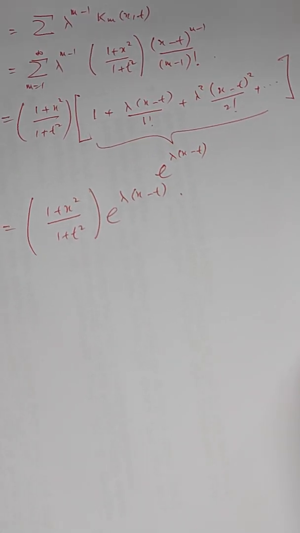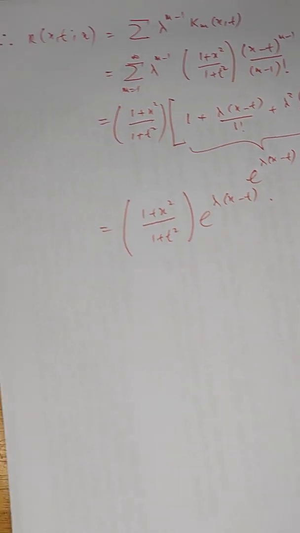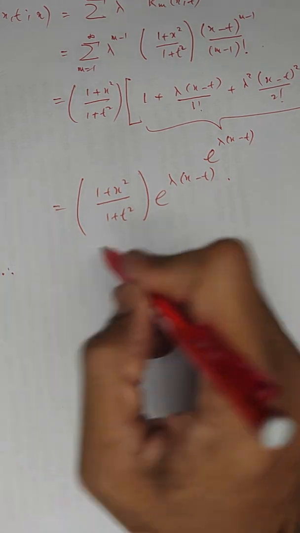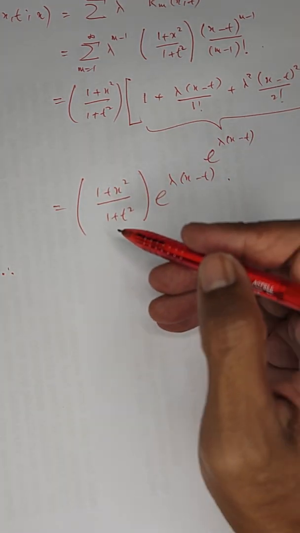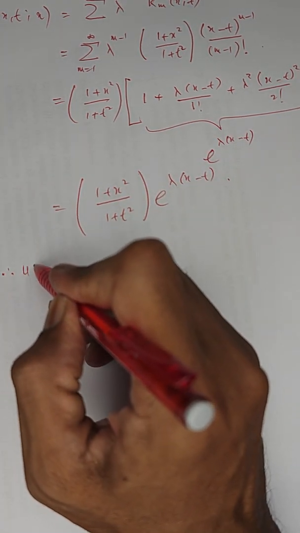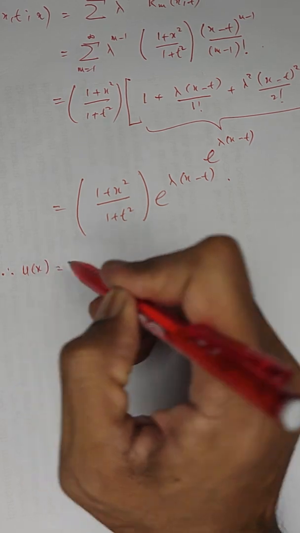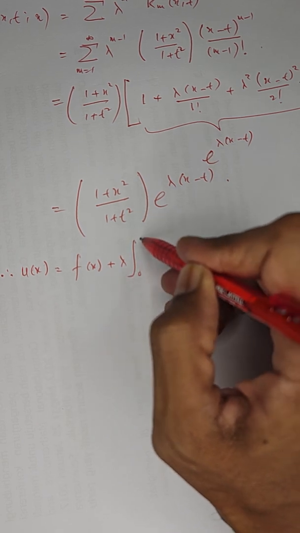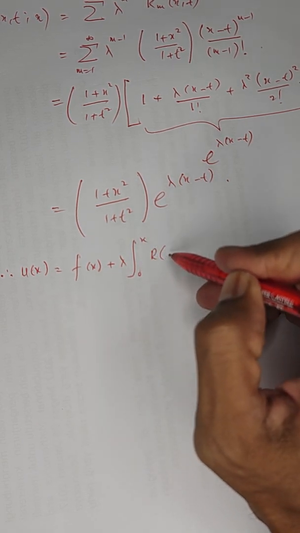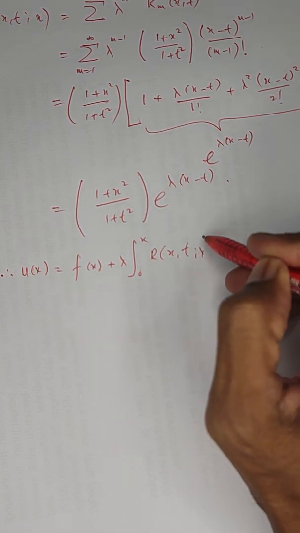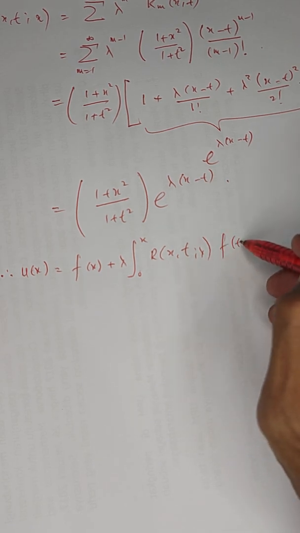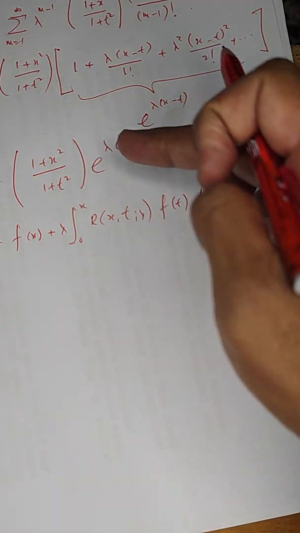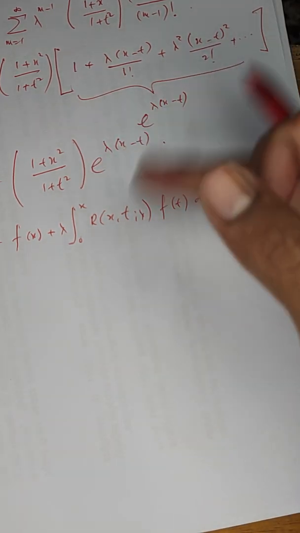So therefore our solution to the non-homogeneous Volterra integral equation can be written as u(x) = f(x) + λ times the integral from 0 to x of R(x,t;λ) f(t) dt. Once we obtain the resolvent kernel, we can solve this.